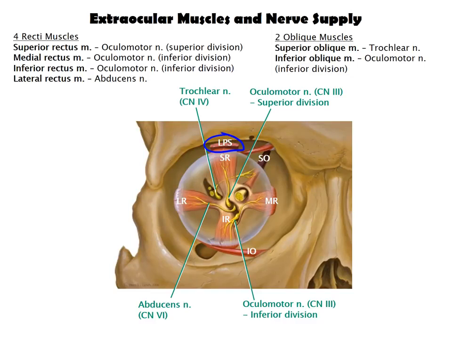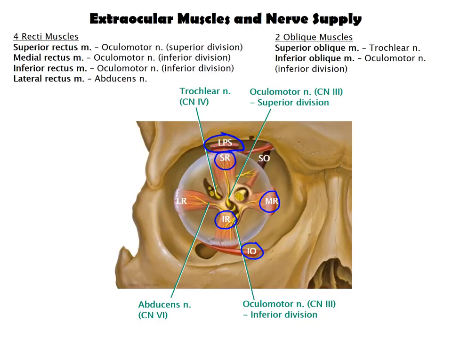The oculomotor nerve also innervates the superior rectus muscle, shown here just beneath the levator palpebrae superioris. It innervates the medial rectus muscle on the medial side of the orbit, shown here. And it innervates the inferior rectus muscle, as well as the inferior oblique muscle, abbreviated IO.